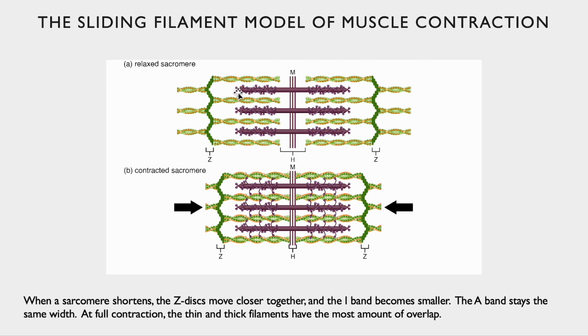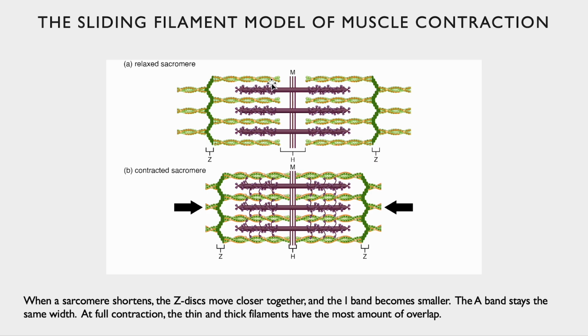Notice that there is a certain overlap between actin and myosin when the muscle is relaxed. Then when muscle contraction occurs and there is interaction between actin and myosin, the myosin will pull on actin until the Z line comes closer, as you see here.